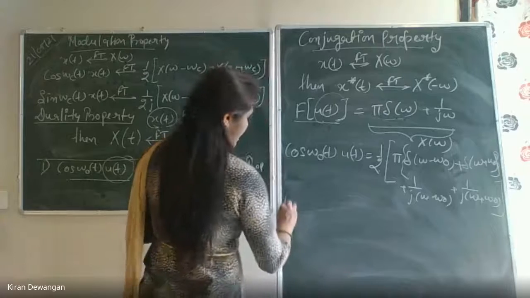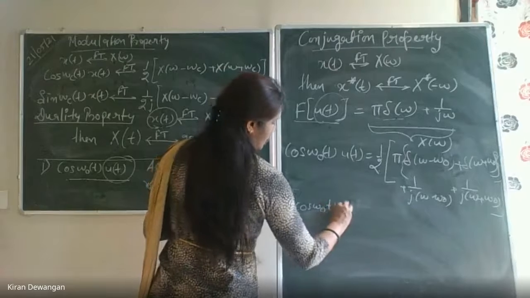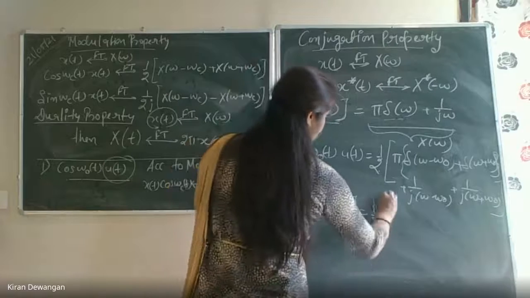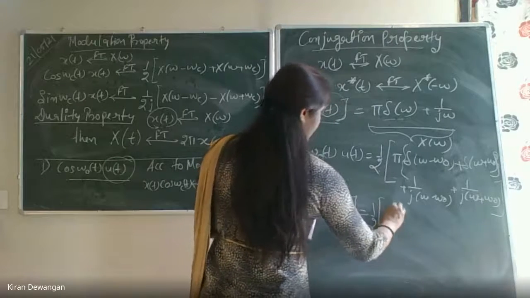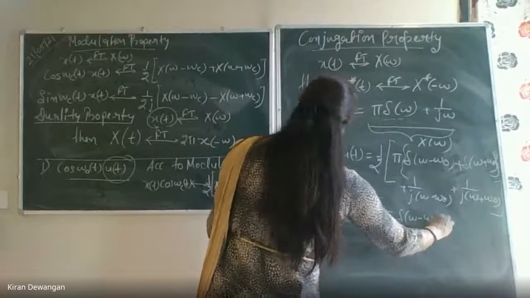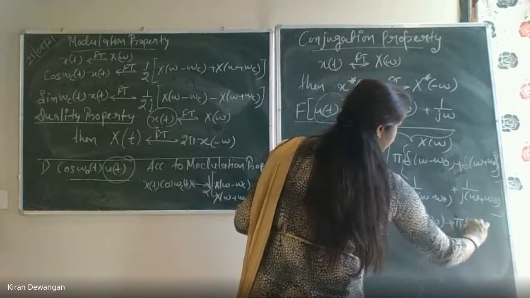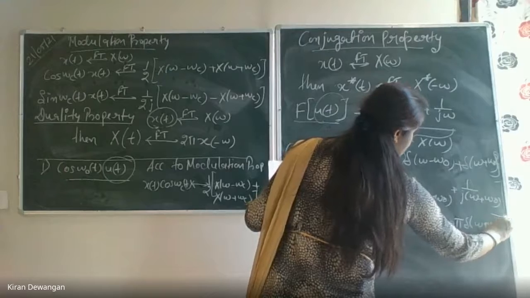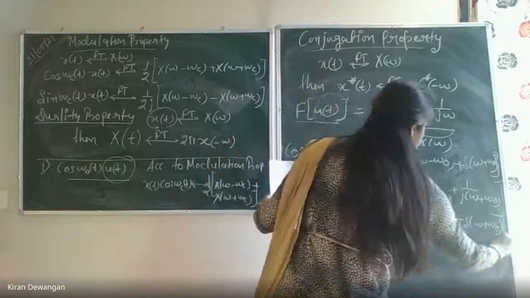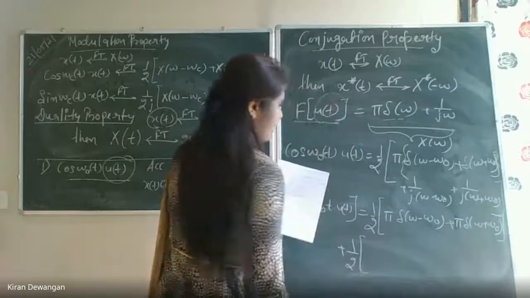And then finally, if I take the Fourier transform of cos of omega naught t into u(t), it will be 1 by 2. Again I'm taking pi outside. Inside it will be delta omega minus omega naught, the pi multiplied by delta omega plus omega naught. This is the first part, and the second part will be plus 1 by 2 taken out.